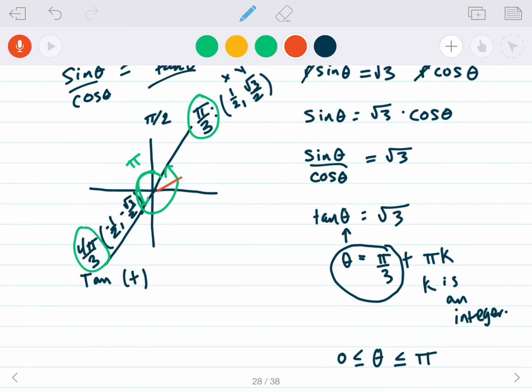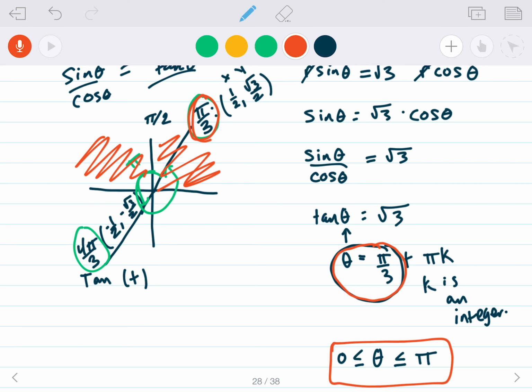It says theta is between 0 and pi, so we can have anything in the first or second quadrant. And the only angle in the first quadrant that satisfies that is pi over 3. There's no angle in the second quadrant that satisfies that because tangent is always negative in the second quadrant. So our answer here would be theta equals pi over 3 if we're restricting to this domain right here.